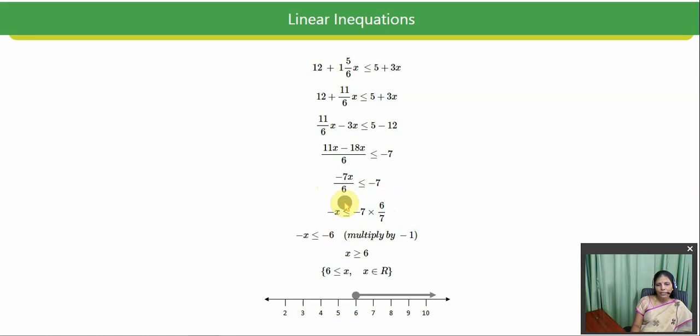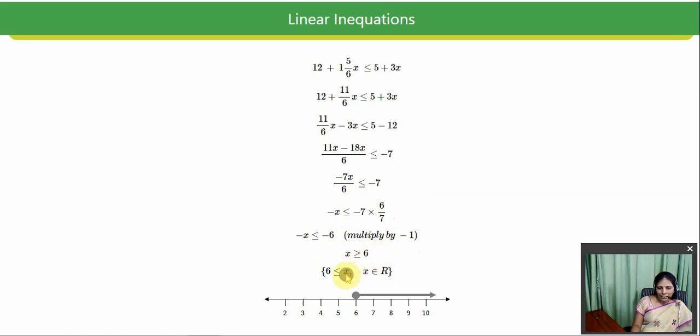Or we can do it another way: minus x is less than or equal to 7 by 6, which when it goes to that side becomes 6 by 7. So minus x is less than or equal to minus 6. As you need to remove this negative sign, you need to multiply both sides of the inequality with minus 1. So when you multiply, you get x is greater than or equal to 6.